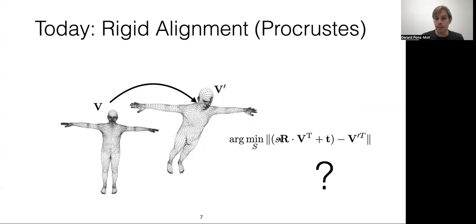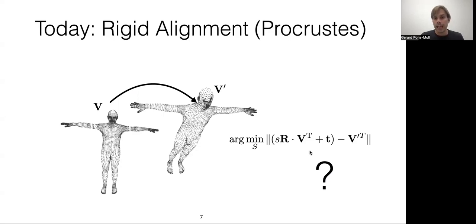It is basically a scale, which is a scalar, a rotation, which belongs to SO(3), and a translation. You have to find these parameters in order to minimize this objective function. What is this objective function? It's basically the matrix of vertices after transformation minus the matrix of vertices in the target, and you take some distance, for example, in this case, this norm.